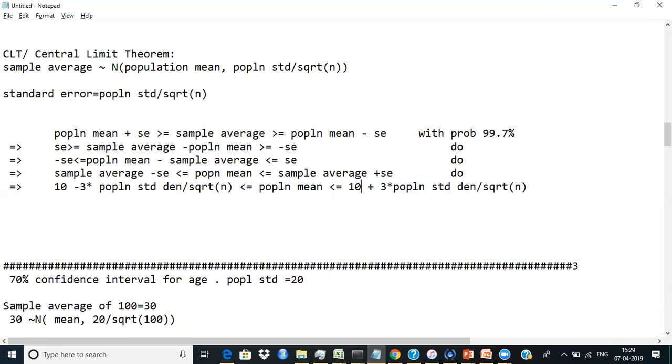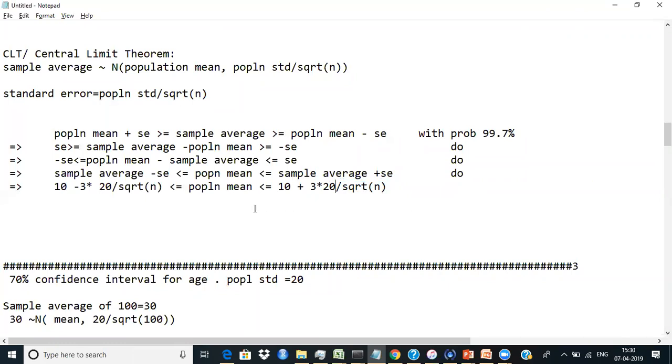And you know the population standard deviation. Let's say the population standard deviation is 20. Can you or can you not find a value of n such that the difference between these two is 5? You can find it, right?